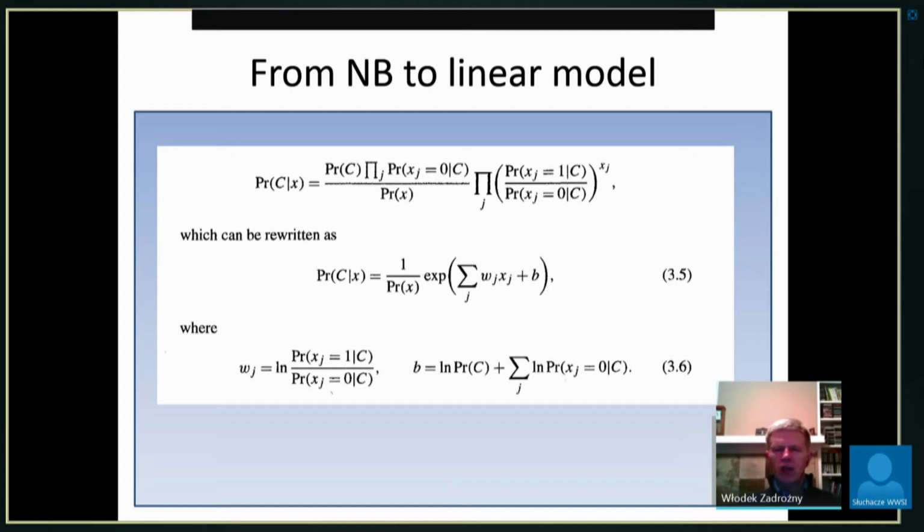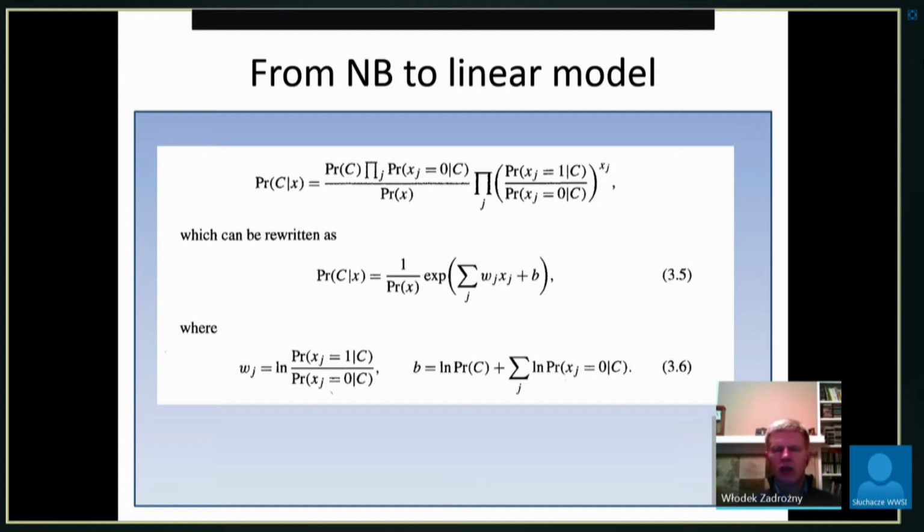And then we are going to get this linear expression in the exponent, saying essentially that this is e to the power of the sum of wj xj plus b, where the weights wj are given by the logarithm of the ratios of probabilities, and the b, the bias or the intercept, is given by this sum of probabilities.